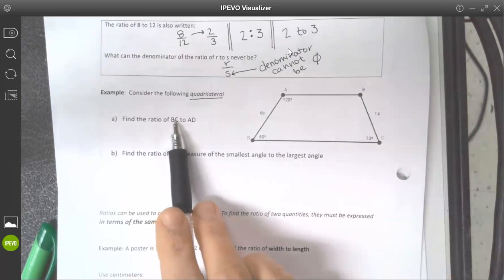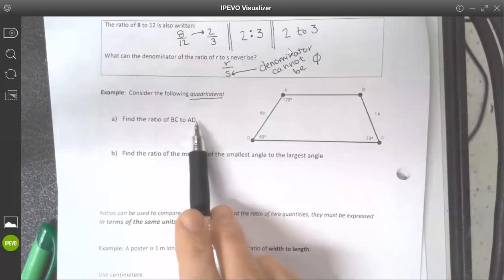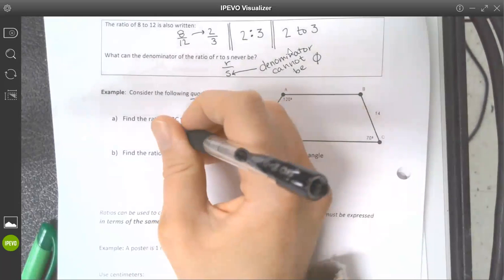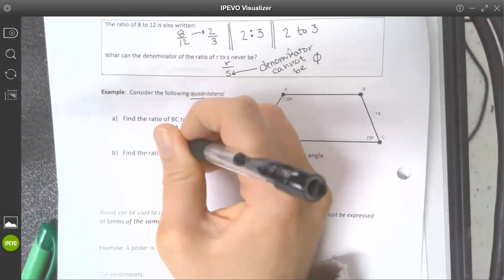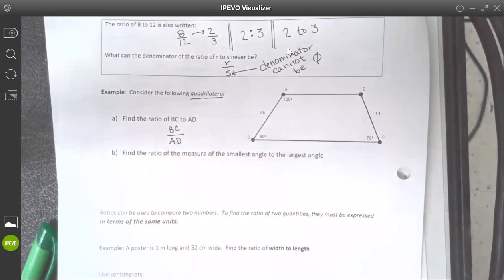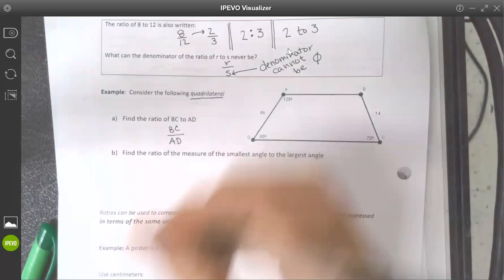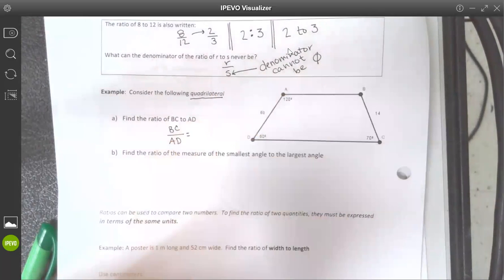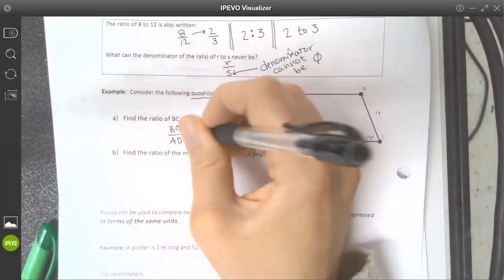So the ratio of BC to AD, which means I'm going to go BC compared to AD as a fraction. What is the ratio there? So what is BC equal to? BC, side BC. 14. 14.